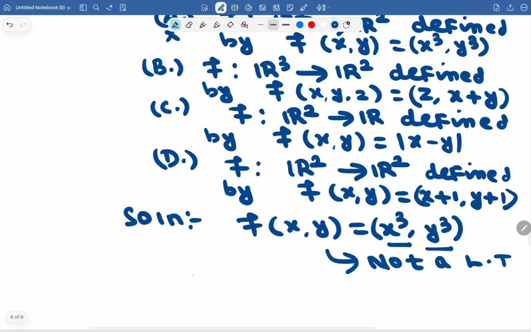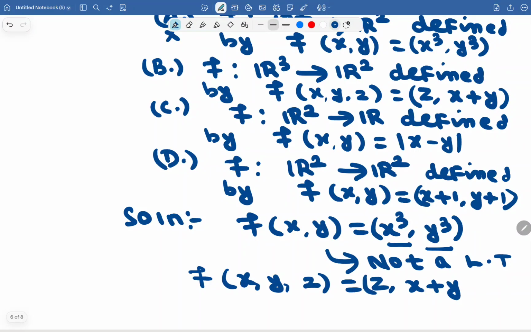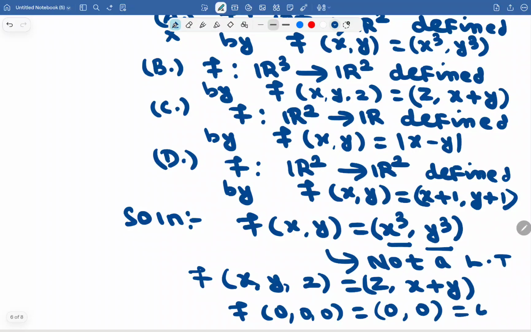Option B. What is given? F of x comma y comma z equals z comma x plus y. If I give values 0 for x, y, z, f of 0 comma 0 comma 0 becomes 0 comma 0, which is 0.